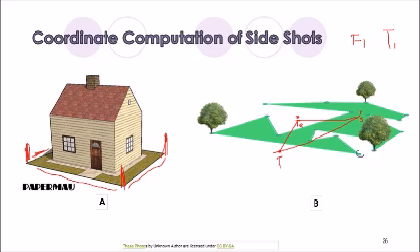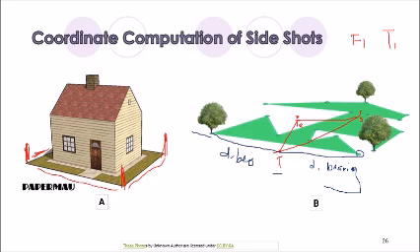For example, you observe this point from T1. You have to observe the distance and the bearing, or the azimuth, or theta bearing. Then suppose this is also visible from T1, then you observe it also: the distance from T1 to the tree or this corner, and also the bearing.